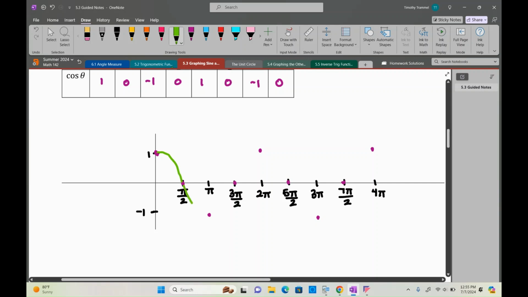And then I'm just going to connect this with a smooth curve. And it's just going to look like a bunch of waves, just like the sine function did. It just, again, starts at a different location.